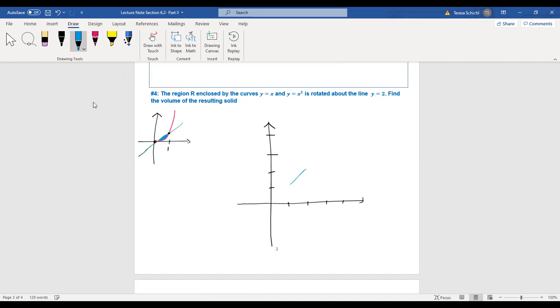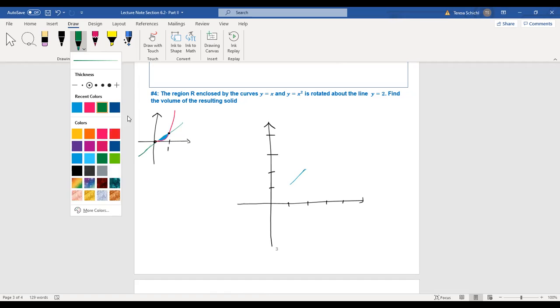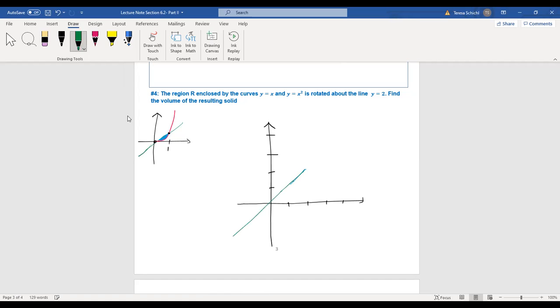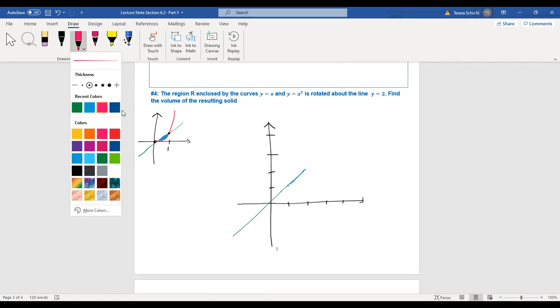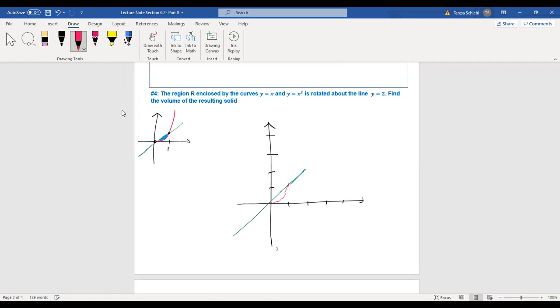Then I have the curve here, and I'm highlighting this one. This is the area I'm going to rotate.